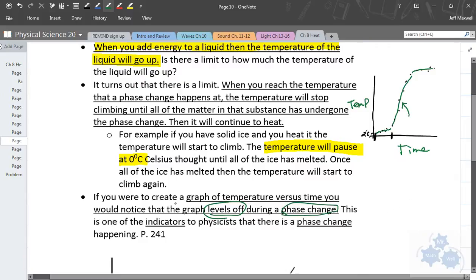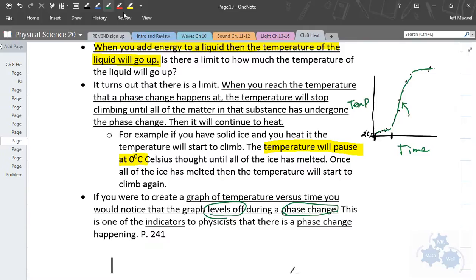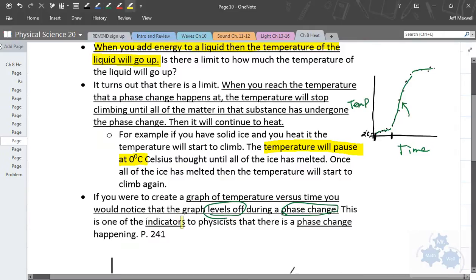This is one of the indicators to physicists that there actually is a phase change happening. So the heating graph levels off during a phase change. And that's what we kind of see here, and when it starts to boil. Now, what did you guys notice about the boiling temperature of your water?